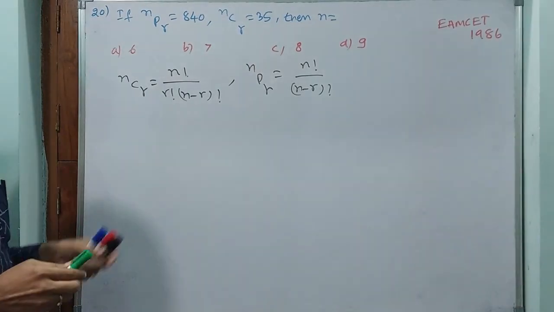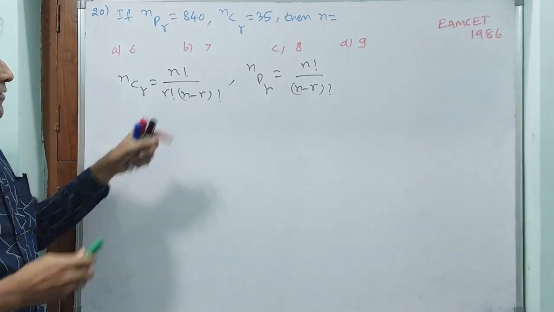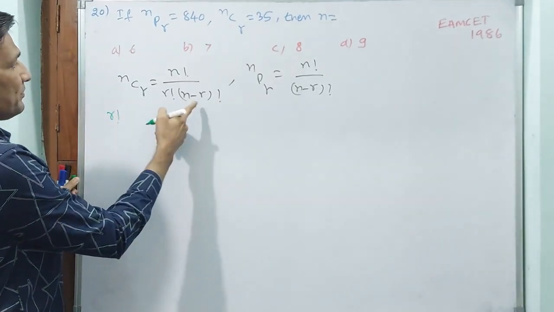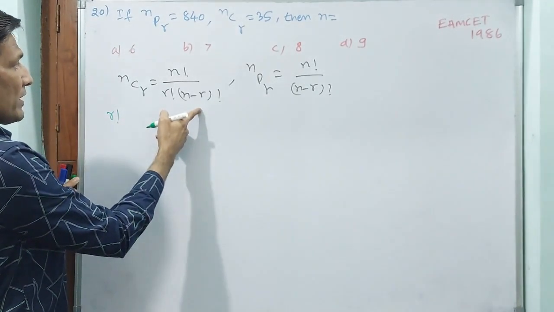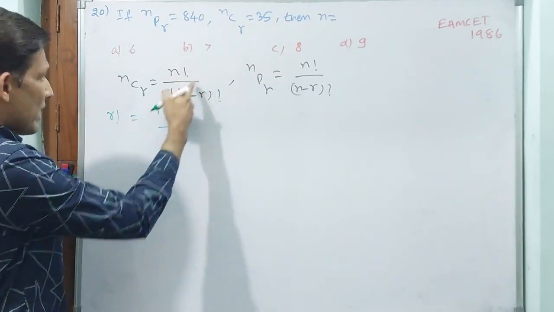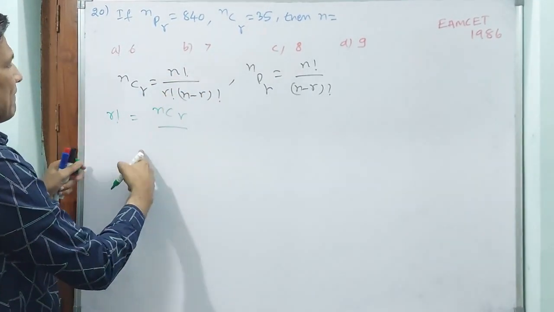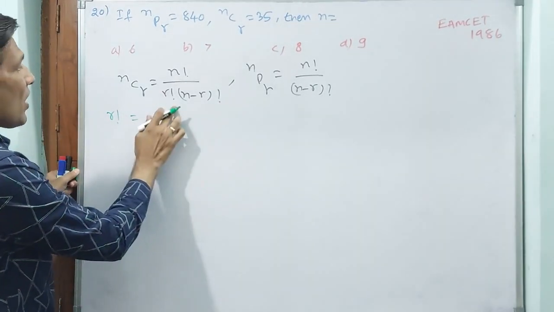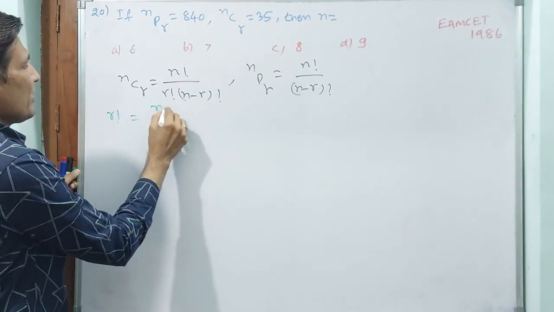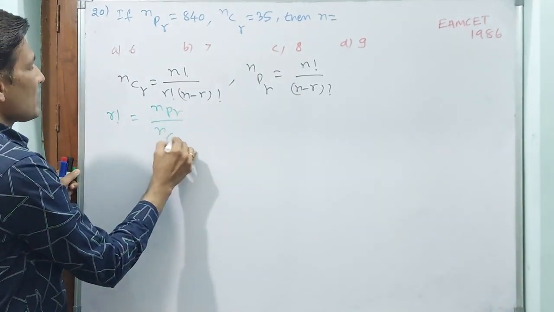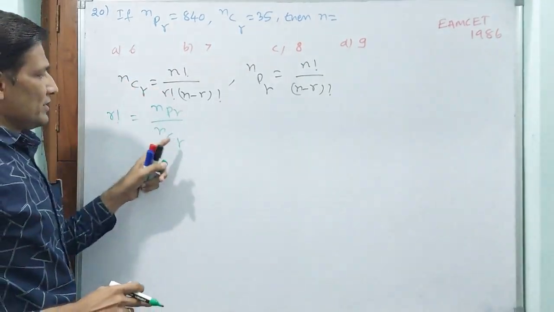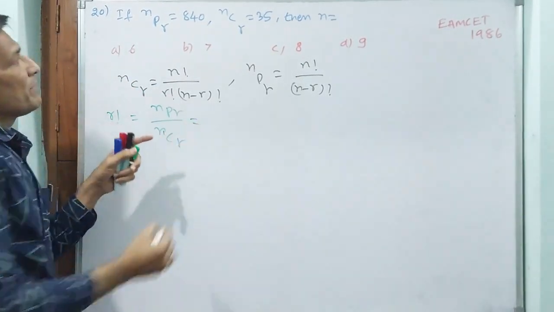Now see how I am writing, r factorial is equal to nPr divided by nCr. Why? Because this goes to the numerator, this comes to the denominator, nCr.